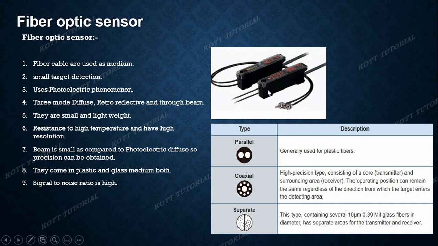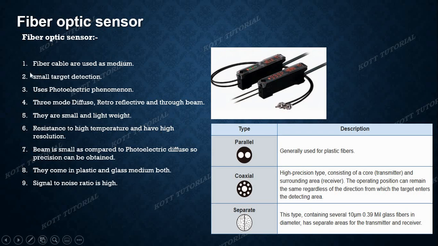The application of this amplifier is to set the distance of the target from the sensor, and we can set different parameters in this amplifier: dark mode, light mode. I will not be explaining these modes in this lecture, but there are different parameters which we can set in this amplifier depending upon our product.